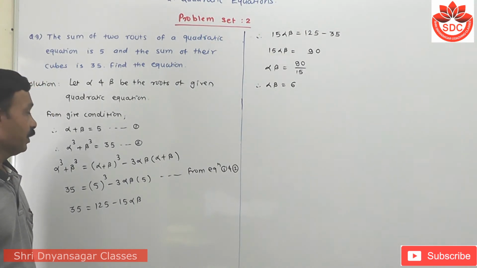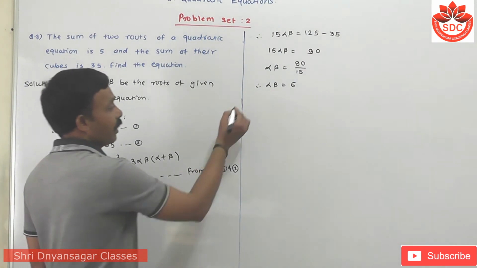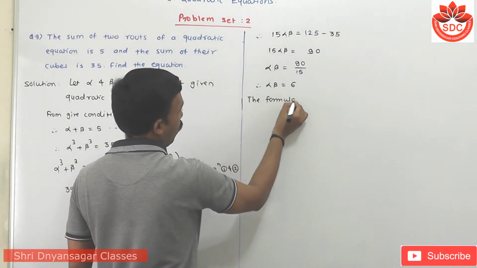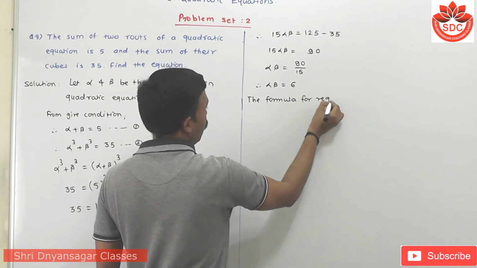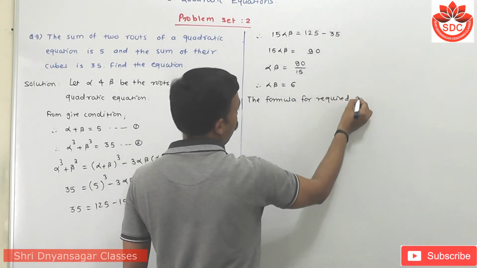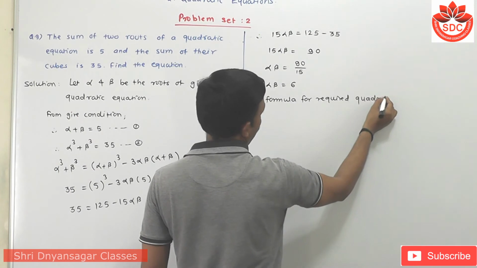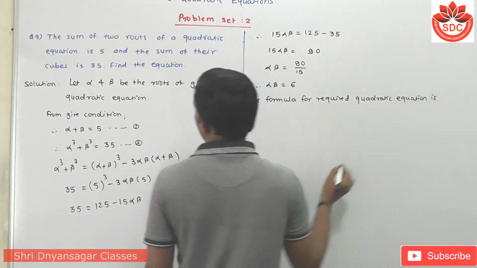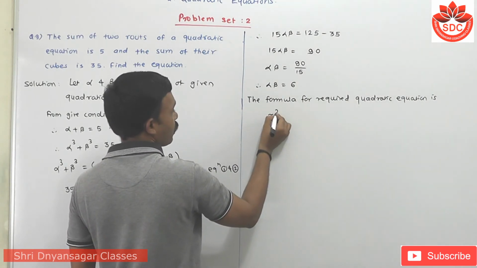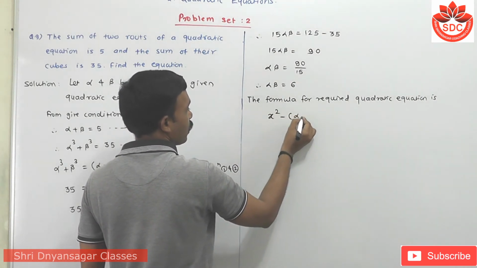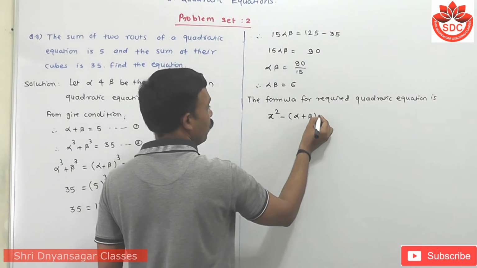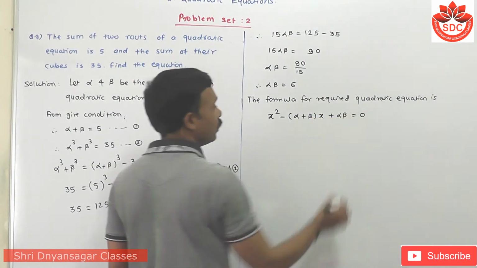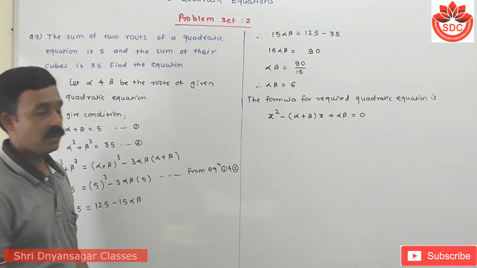6. Then the required quadratic equation: the formula for a required quadratic equation is x square minus the sum of the roots into x plus the product of the roots is equal to 0. We substitute the values here.